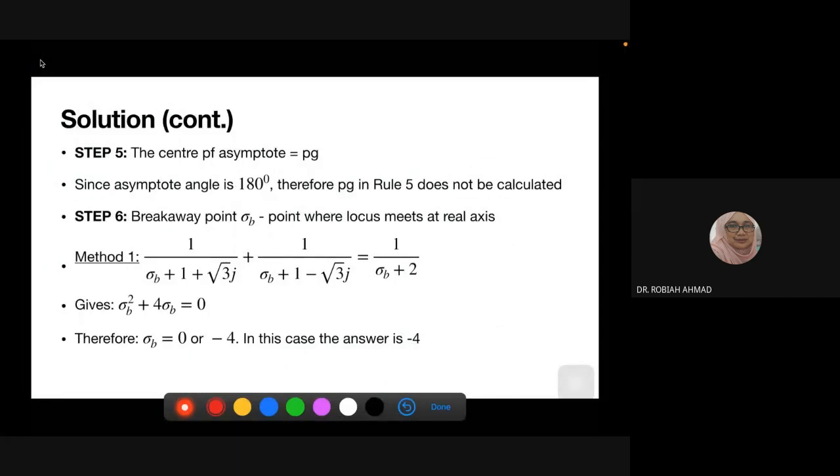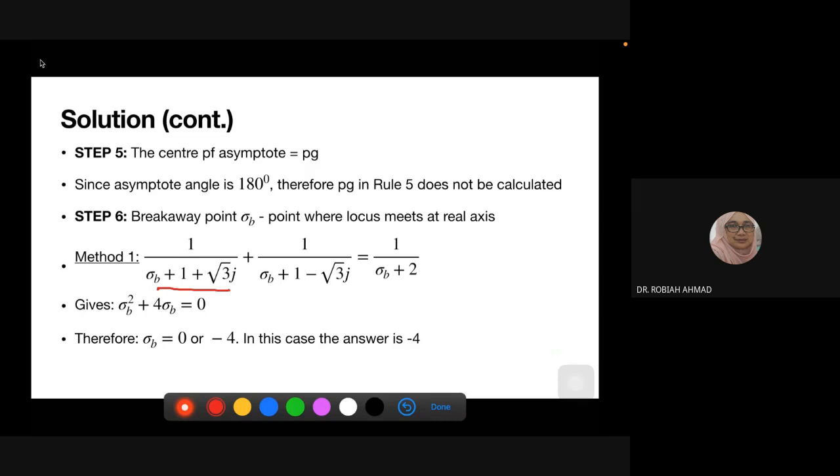Okay, so saya ada two poles just now. So summation will be 1 over breakaway point minus pole number 1, which is, bila minus dia jadi plus lah, 1 plus j square root 3, and then another one, 1 minus j square root 3. Okay, equal summation of 1 over breakaway point minus 0. So dalam case kita tadi, in our case the zero is minus 2, so dia akan jadi plus 2.